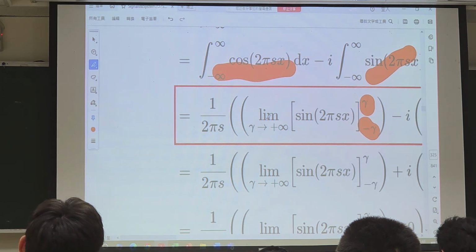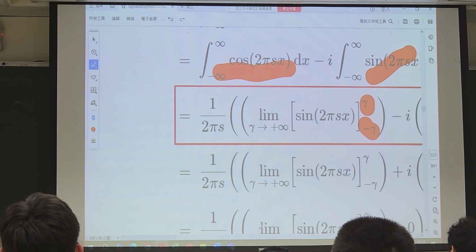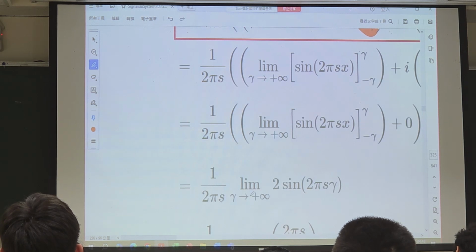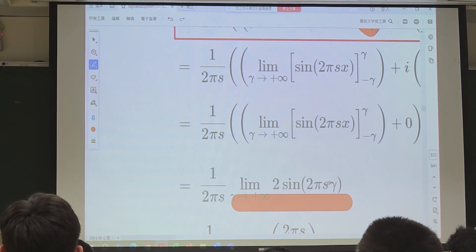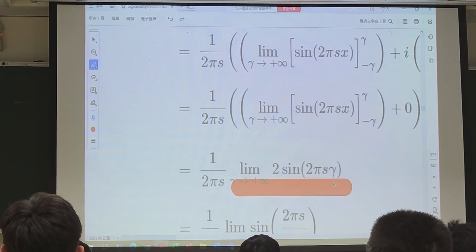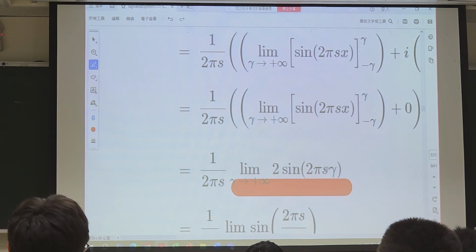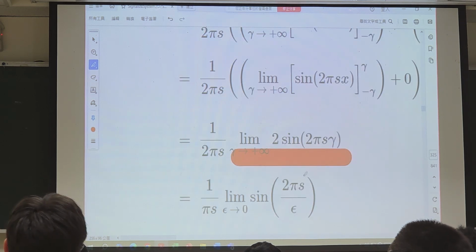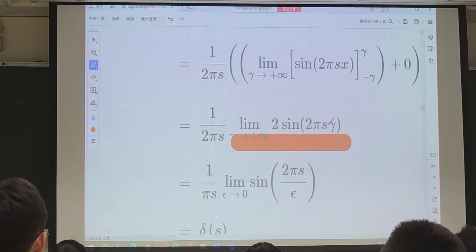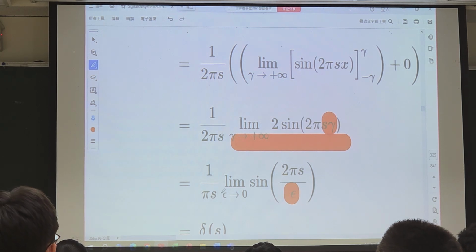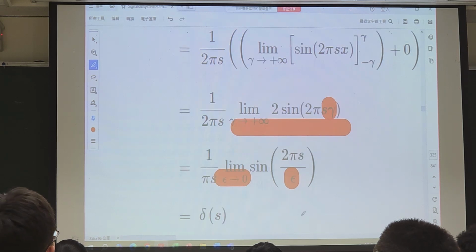Okay, so we have two terms. Two of this become two of this, and limit gamma approaches infinity, 2 times sine 2 pi s over gamma. And that is the frequency in our notation. Instead we replace the gamma by 1 over epsilon, and let epsilon be a small number.